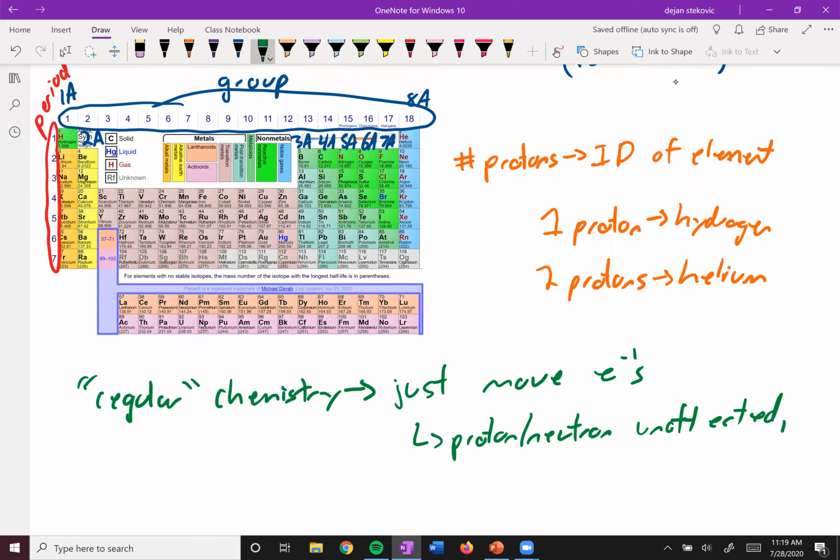And so we don't change the identity of the element. Right? We're only moving around electrons, right? Our carbon is always going to be carbon. We're not going to turn it into gold or any other element. We're just moving around these electrons.